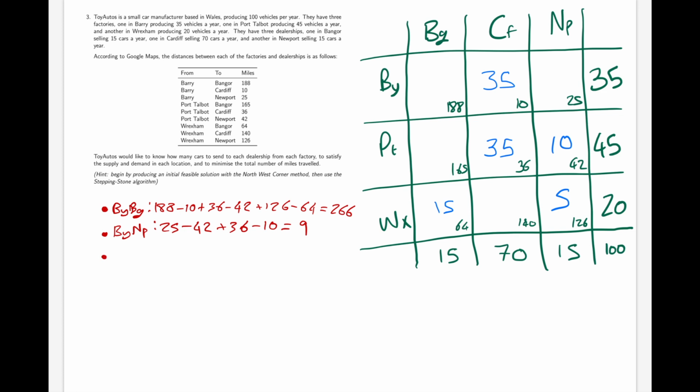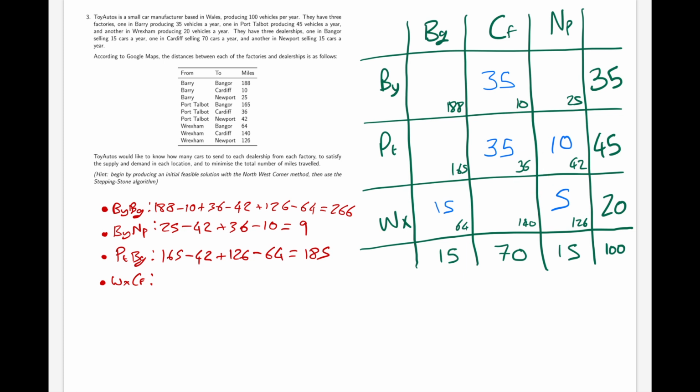How about Port Talbot-Bangor? Here, our loop now would be this. So increase Port Talbot-Bangor, decrease Port Talbot-Newport, increase Newport-Wrexham, decrease Bangor-Wrexham, at a net unit cost of 185. And then what about Cardiff-Wrexham? Our loop now from here will be like so.